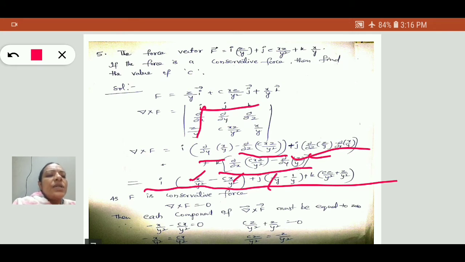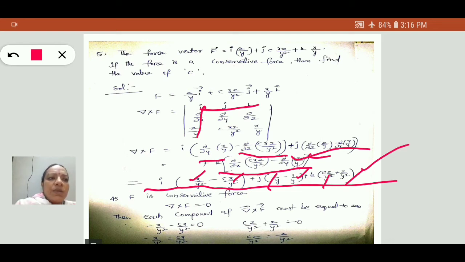Here also we get minus x by y, plus k times cz by y square plus z by y square. By taking partial derivatives of these functions, we get this equation. So this is totally the curl F function.